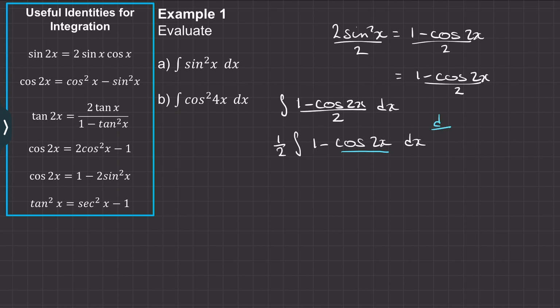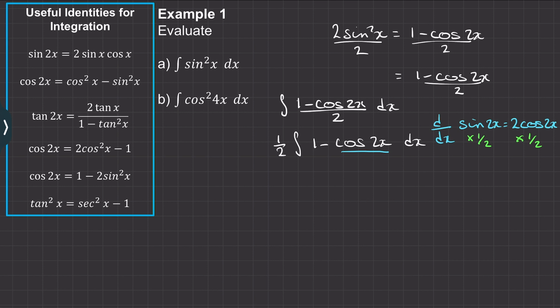So we know the derivative of sine 2x is equal to 2 cos 2x. And we need to cancel out this multiple of 2. So we'll multiply both sides by 1/2. So the integral of cos 2x, because these two will cancel, will be 1/2 sine 2x.